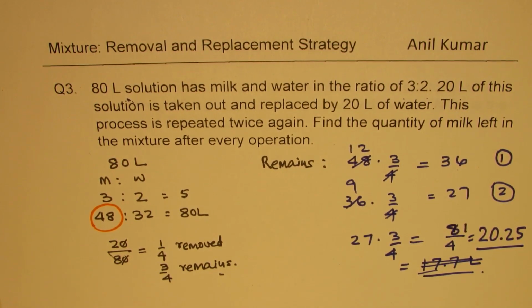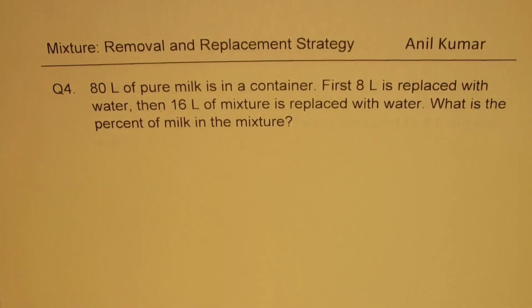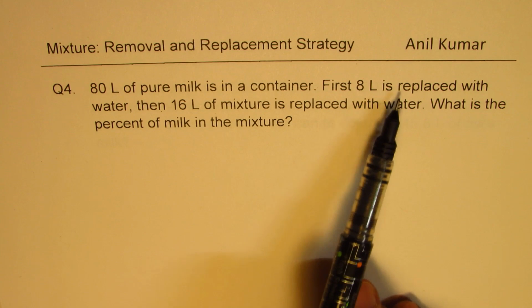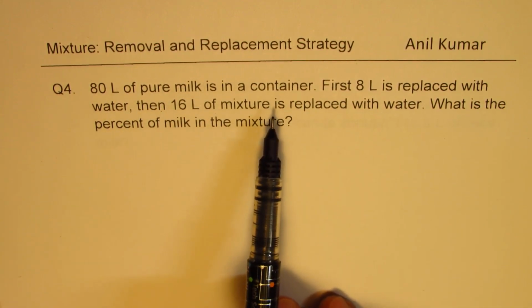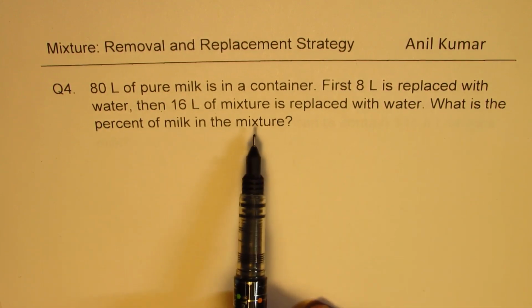Let's move on and take question number 4 now. Question number 4 is, 80 liters of pure milk is in a container. First 8 liters is replaced with water, then 16 liters of mixture is replaced with water. What is the percent of milk in the mixture?